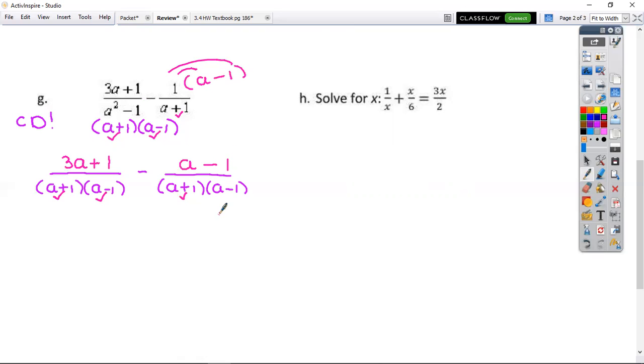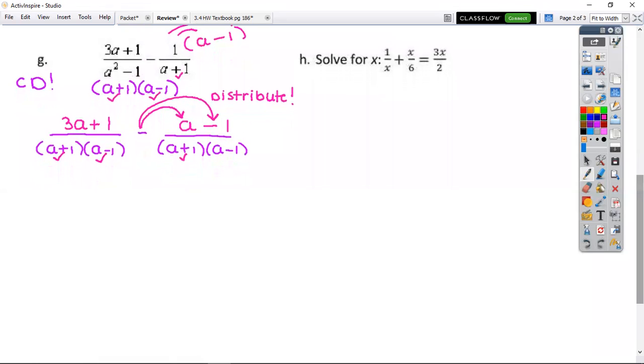These are the most frequently missed questions because students forget to do what with the negative? Distribute. So nice bold arrows on that, please, at this point. You've got to make sure you distribute. Otherwise, you're going to find that you get stuck. Nothing will factor from there. Very, very common mistake.